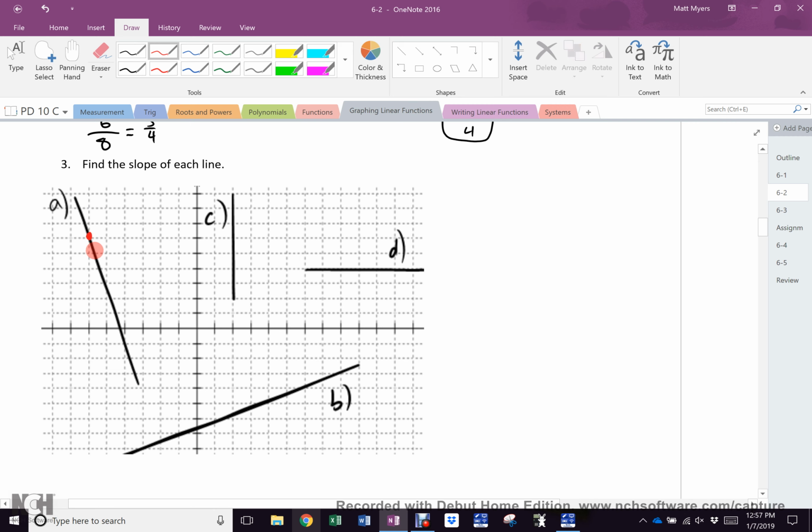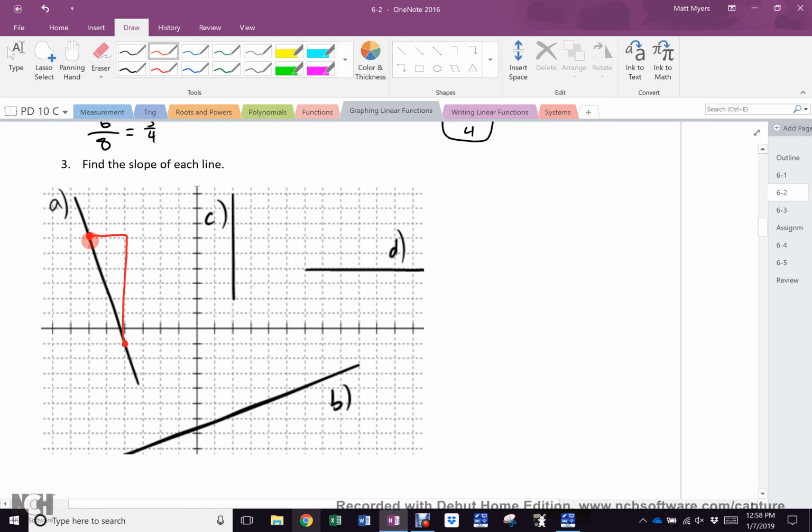And where's the next one? There? There? There. Now, do I have 2 points that are nice and exact? Because this slope is going to be the same for the entire line, isn't it?